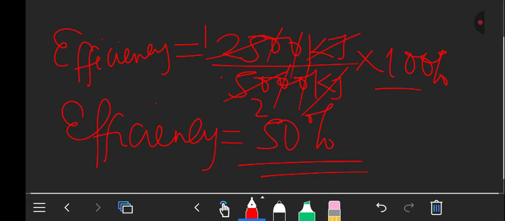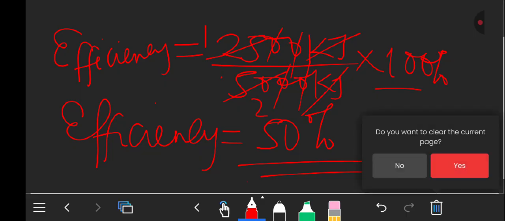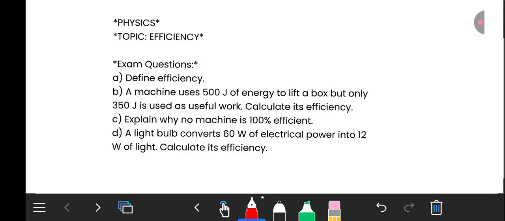Now let's look at these exam questions. The first question was, define efficiency.